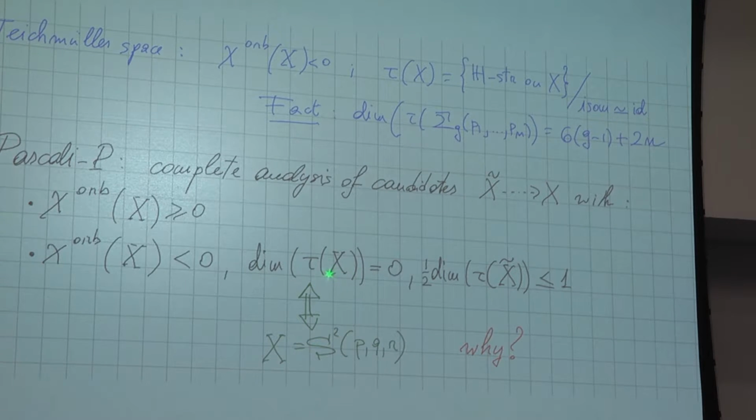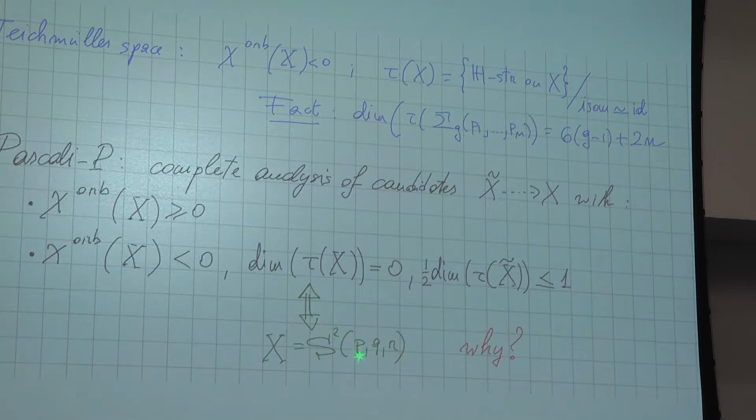Basically the structure is rigid, which happens, with dimension of Teichmüller space equal to 0, only for the sphere with 3 branching points, with 3 cone points. Of course, in this case, 1 over p plus 1 over q plus 1 over r should be less than 1 to be hyperbolic. And upstairs, we did the case where the complex dimension of the Teichmüller space is 0 or 1, only this case.